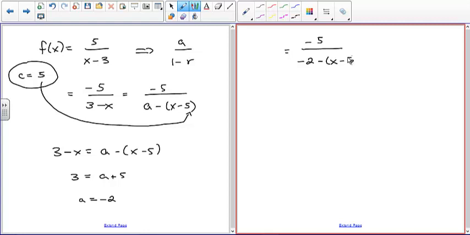If I did that all right, I should get back to here. So, negative 2 plus 5 is positive 3, and I'll have negative x, so I'll have 3 minus x, and then if I multiply it by negative 1 in both the numerator and the denominator, we're in good shape. Okay, so that's the first step.